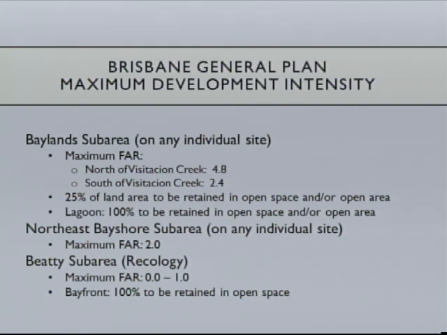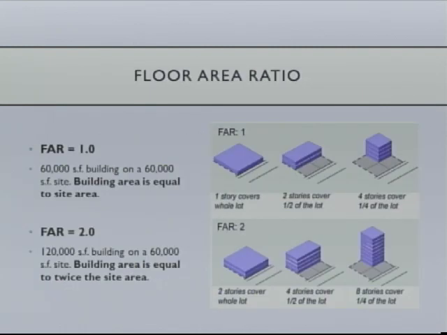The Northeast Bayshore area, which is essentially Industrial Way, has another very high floor area ratio, 2.0, and the Recology site, Beatty sub-area, up to 1. This is an example of what we mean when we talk about floor area ratio. A floor area ratio of 1 on a 60,000 square foot site, you can get 60,000 square feet of building.